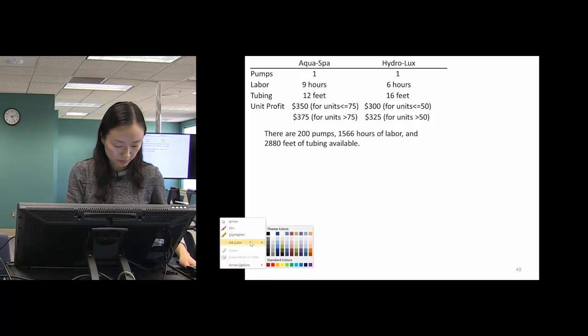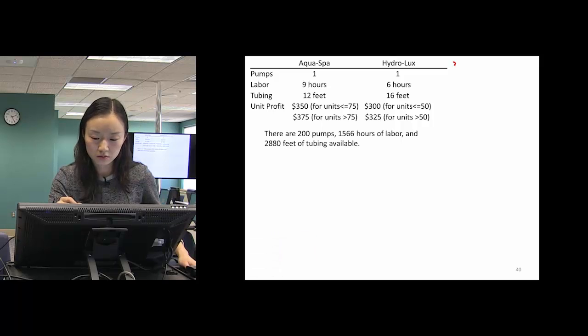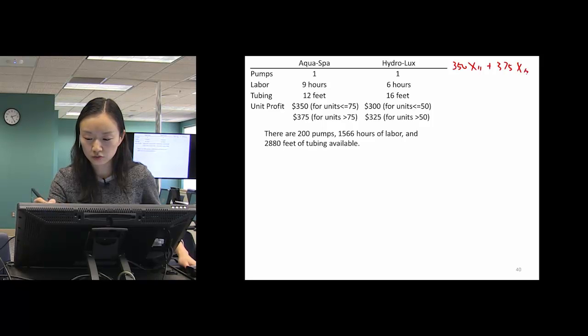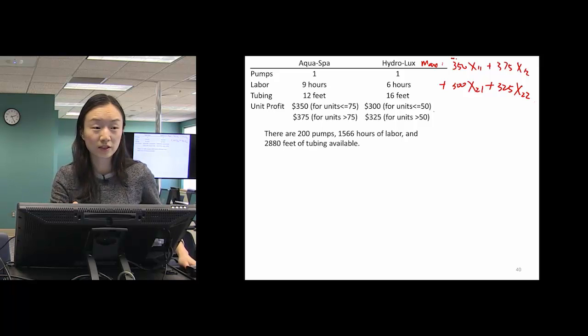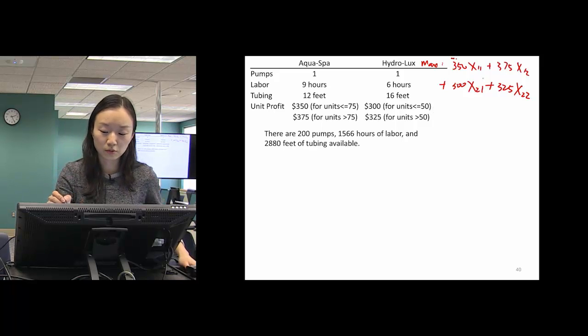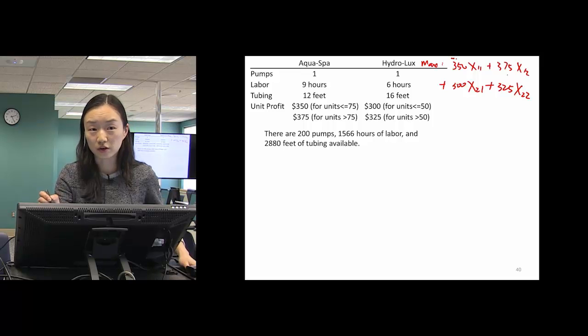It would be, sorry, you need to maximize: 350 x11 plus 375 x12 plus 300 x21 plus 325 x22. That's our objective function. And we said when we define the decision variables, we need to define their relationship.